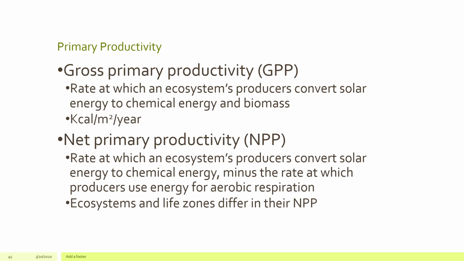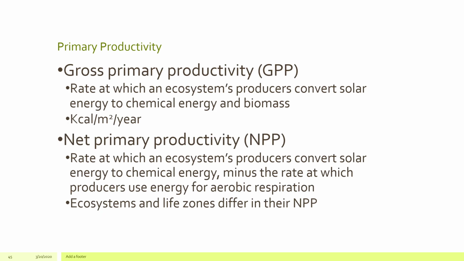The net primary productivity is a little bit different because you take the gross primary productivity and you subtract the amount that the producers themselves are using for their own aerobic respiration, because producers do in fact have respiration and need respiration to be able to use energy to build and live and make more.